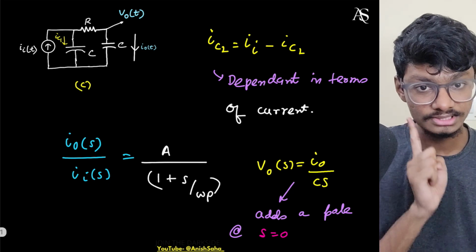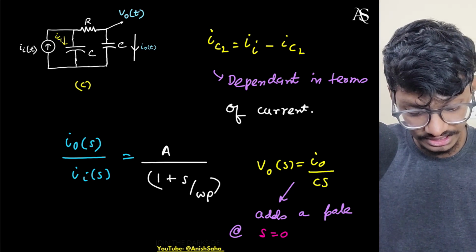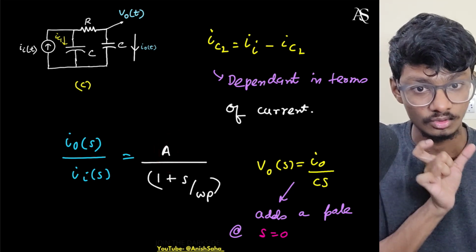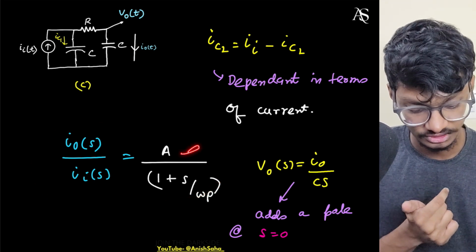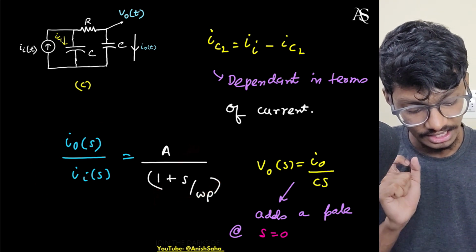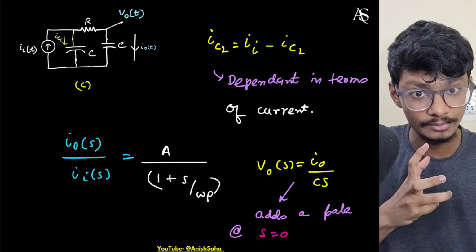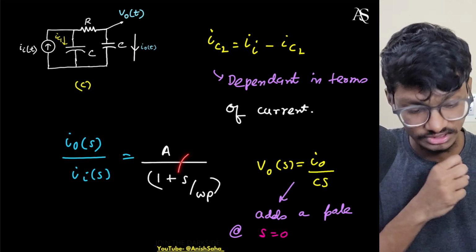Now in just one case the order may remain same if there is a 0 at S equals to 0 for this current transfer function. So if there is 0 at S equals to 0 for this current transfer function, this will get cancelled and it will still remain a first order circuit.